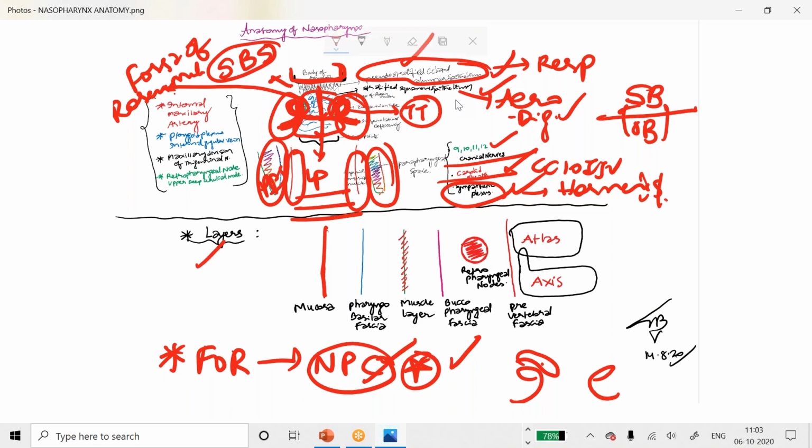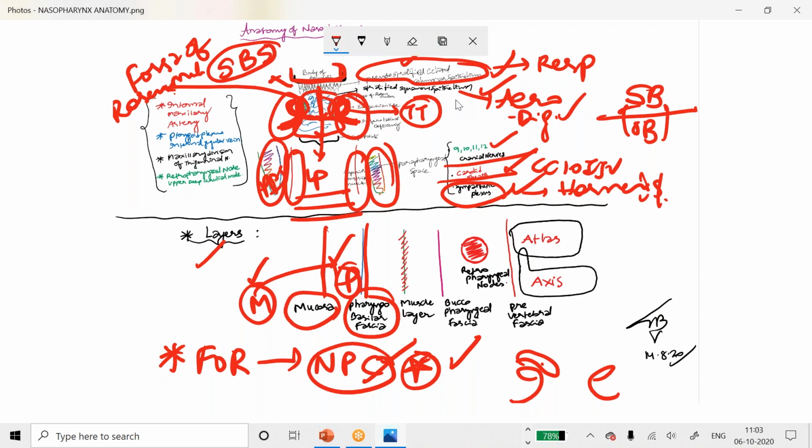Okay. And then you have the layers of this nasopharynx. You have mucosa, pharyngobasilar fascia. Remember, M for mucosa, P for pharyngobasilar fascia, Member of Parliament, you remember like that. Then this is the muscle layer. What is the muscle layer? Superior constrictor, middle constrictor, and inferior constrictor.